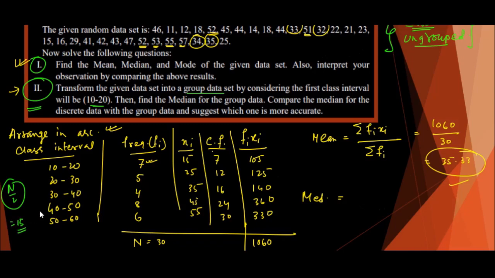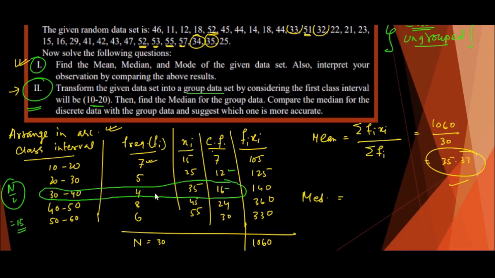Exactly here, 15, just see this cumulative frequency part. Here you have 12, here you have 16, that means this one is the median class.